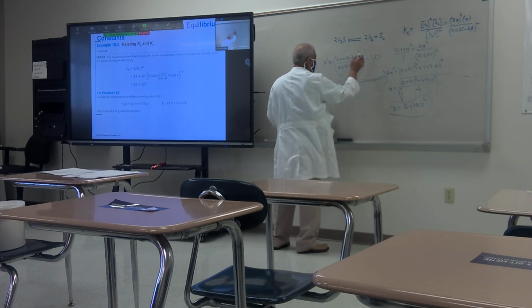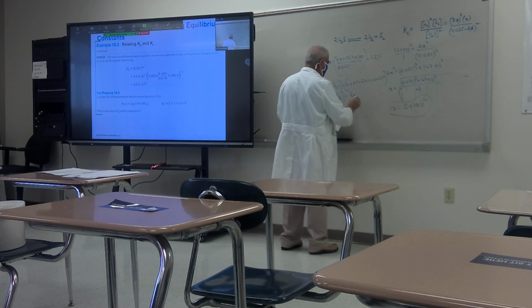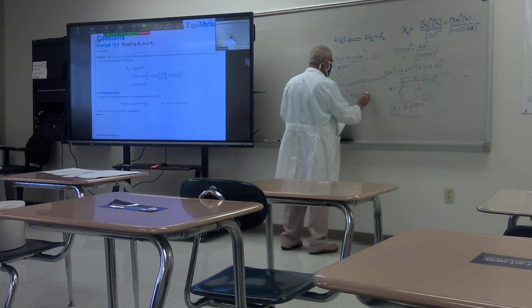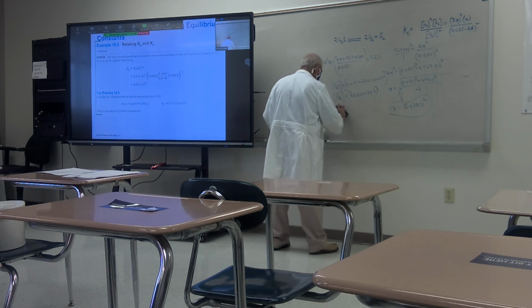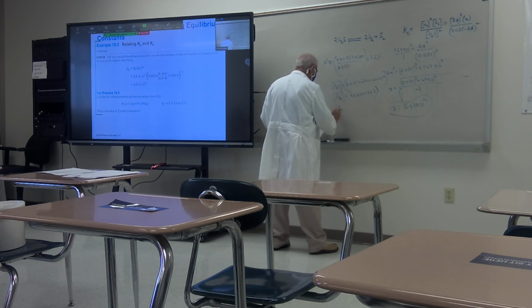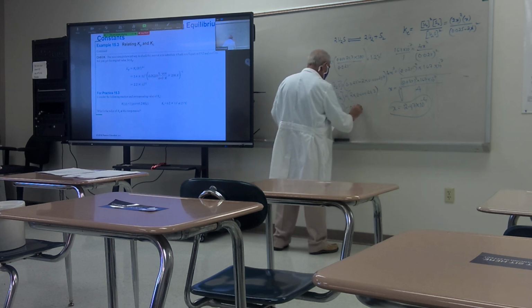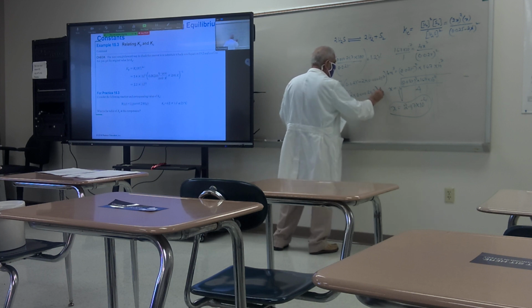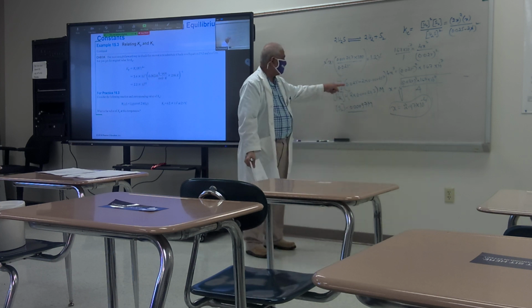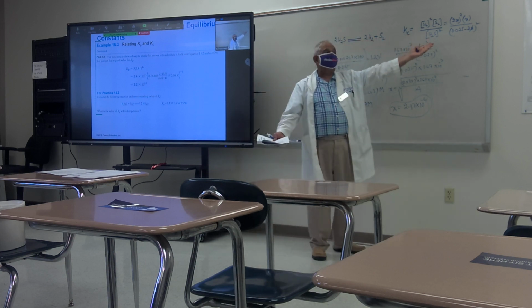H2 is 2 times x, how much? 0.000297 molarity. And what is the sulfur? That is only 1x, correct? They are all in molarity. So these are all the equilibrium concentrations. If you plug these things in the equation here, you are supposed to get this one.